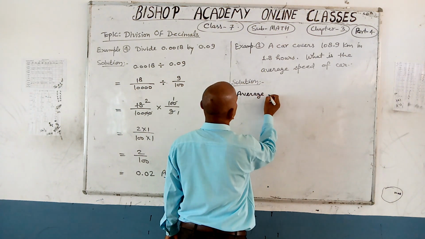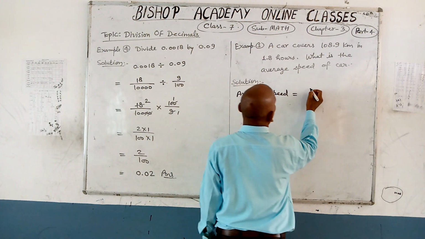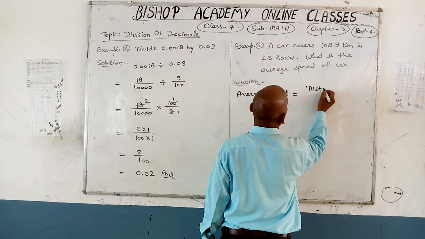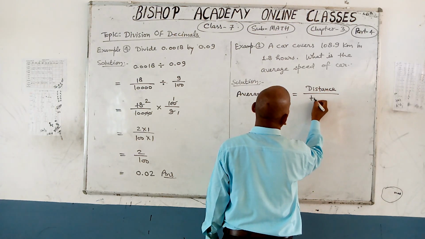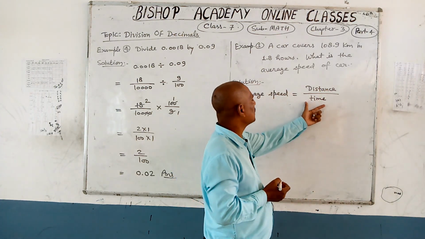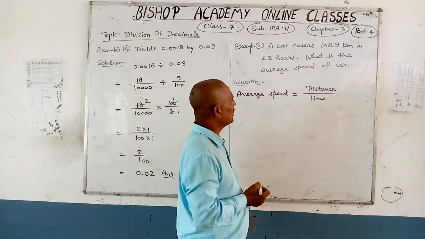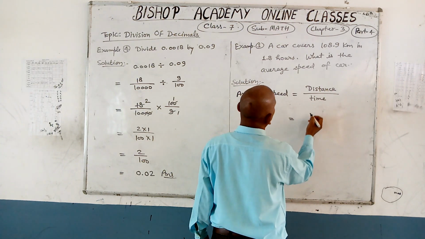Average speed is equal to distance upon time. You divide the covered distance by time to find the average speed. So using this formula you can find the result.